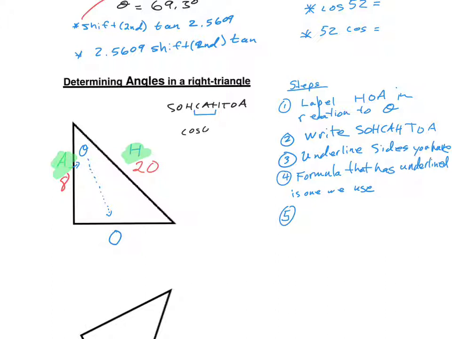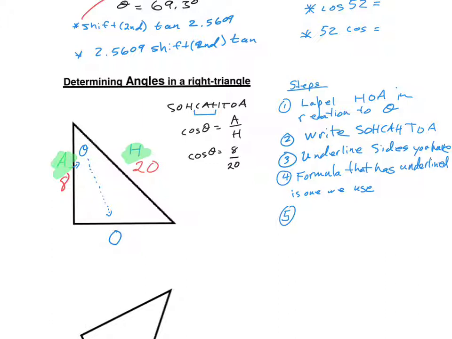Cosine of theta is equal to, well, we said it was A over H. So now we just substitute directly in. Cosine of theta is equal to 8 over 20. So for stage 4 we substitute into our equation. Good.